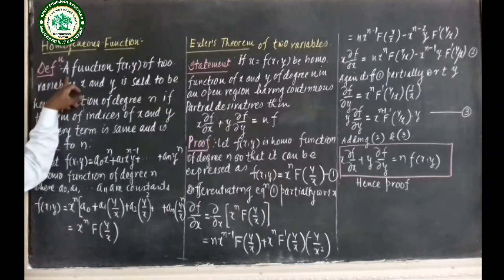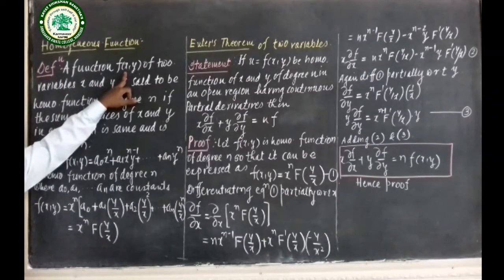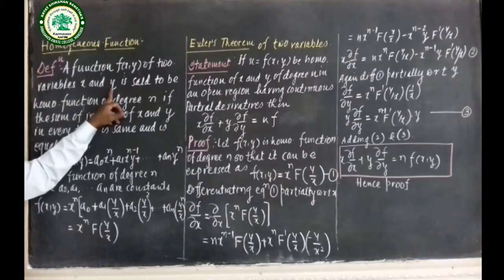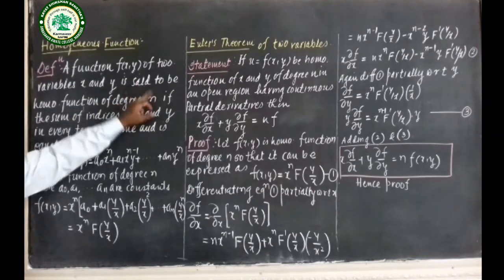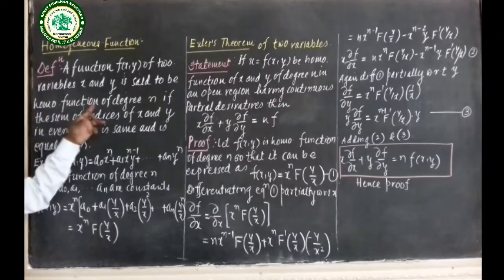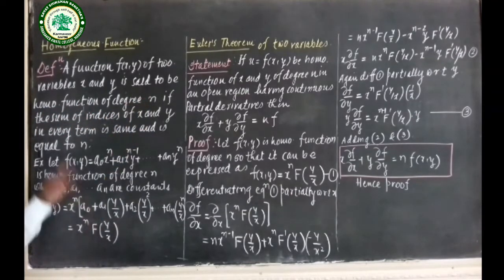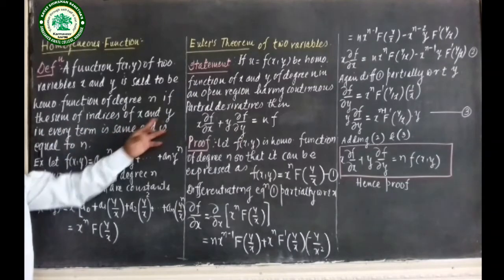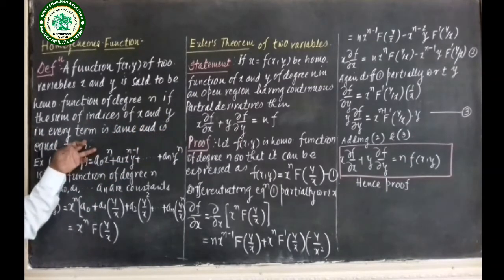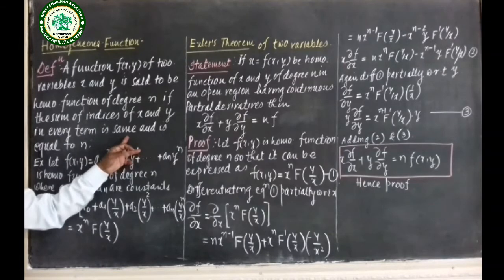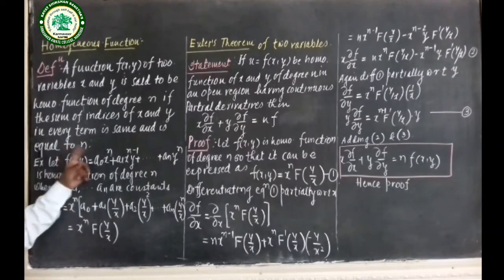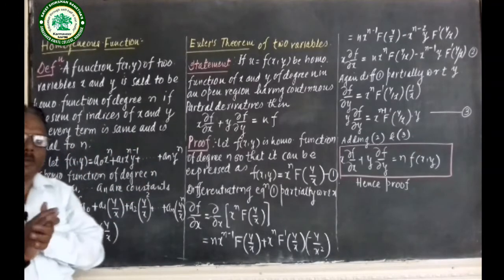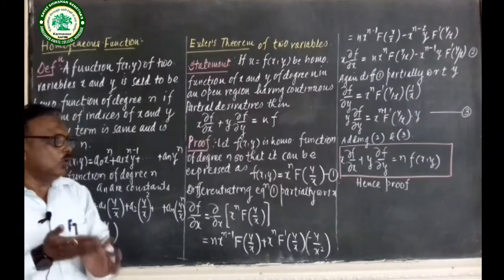A function f(x,y) of two variables x and y is said to be a homogeneous function of degree n if the sum of indices of x and y in every term is the same and it should be equal to n.